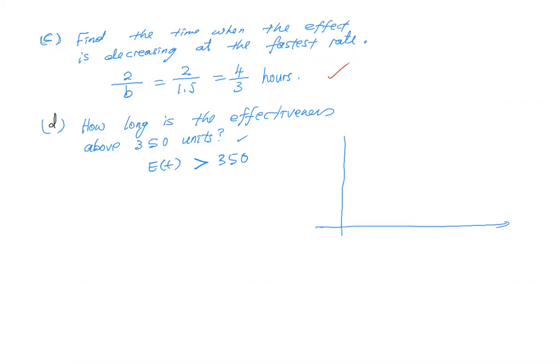Just put in y equals 350 and see where it intersects. Our Y1 is E(t). We don't disturb Y2 and Y3, we go to Y4 and type in 350. Only these two are highlighted, please.